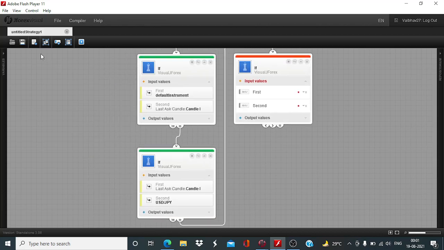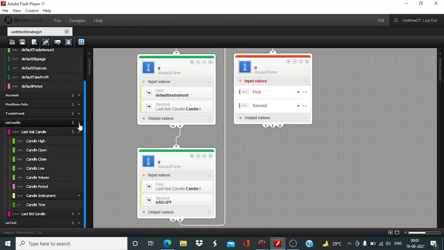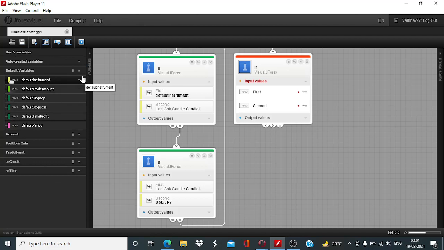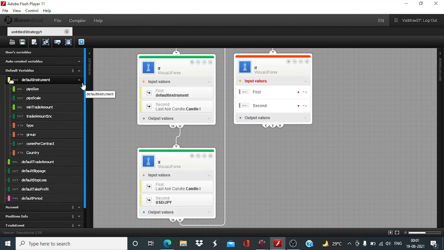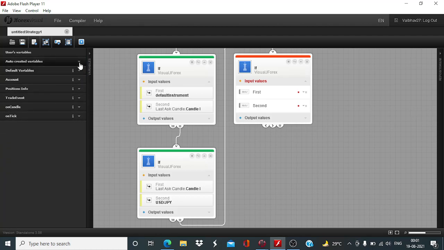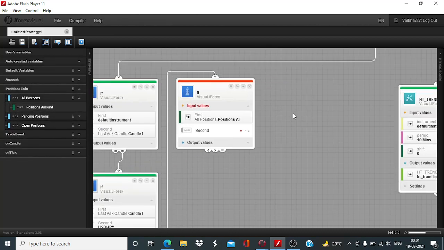After this, we will define the position amount. All position amount should be equal to 0.